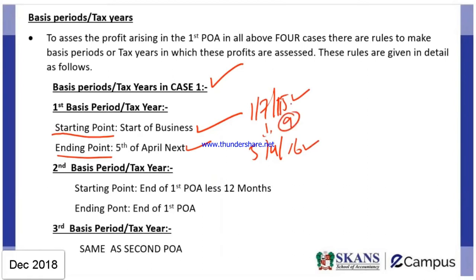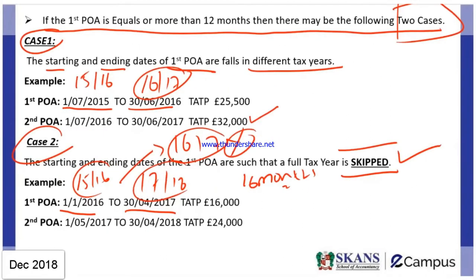So when you apply the opening year rule in case 1, on the first period of account you get a basis period of 9 months. You just allocate the profit of the first period of account in case 1, which is 25,500. These 9 months are within the 12 months of the first period of account.